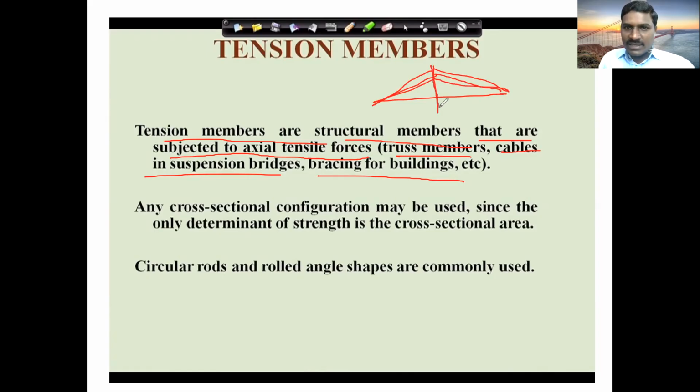The central pier is there, and on this central pier these cables are connected like this. On these cables this bridge is suspended. It means these cables carry a tensile force. Are you getting?